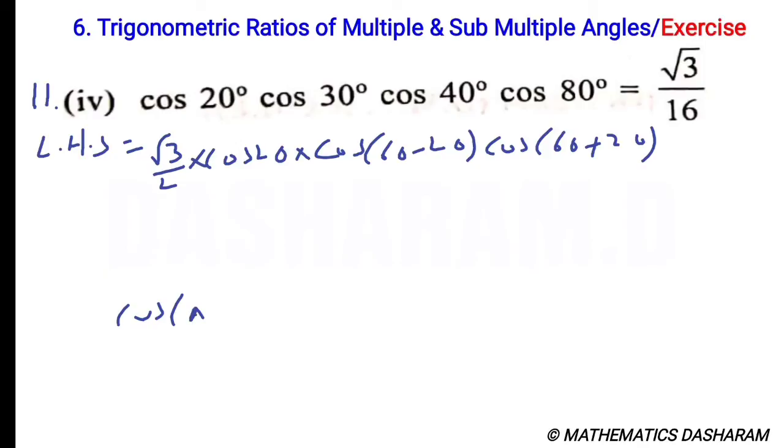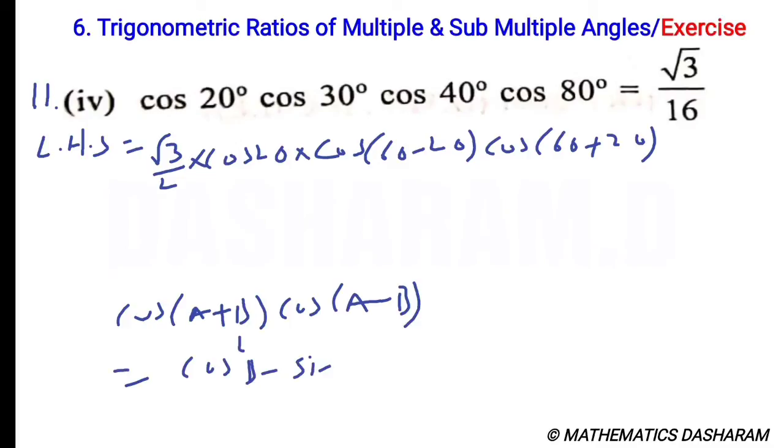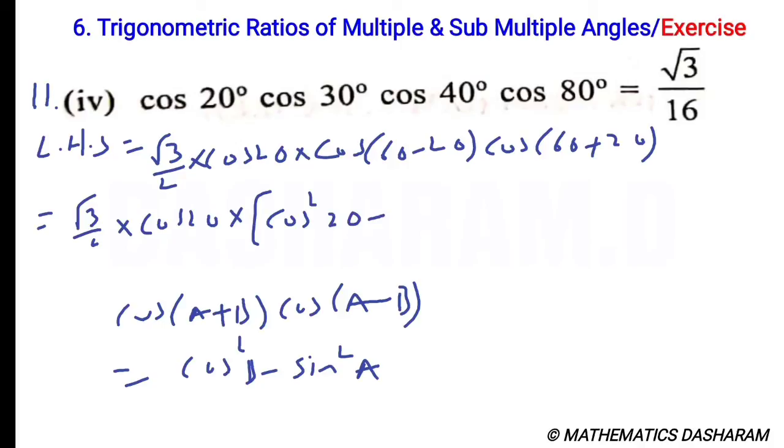So we have one formula: cos (a plus b) into cos (a minus b) equals cos square b minus sin square a. So then root 3 by 2 into cos 20 into, so take the bracket, cos square b, so cos square b value 20, minus sin square a, so a value 60.